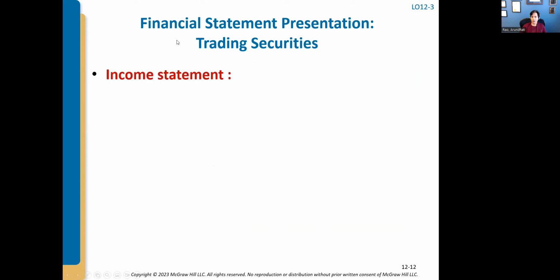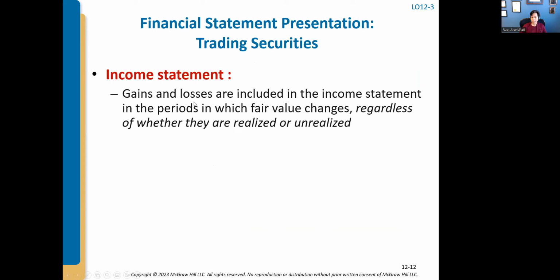Okay. So for the financial statement presentation, trading securities gains and losses are included in the income statement when the fair value changes, regardless of whether they are realized or unrealized. For held to maturity, we said only if it is realized will we recognize it in the income statement. If it's unrealized, we do nothing about it. Here we are saying whether it's realized or unrealized.